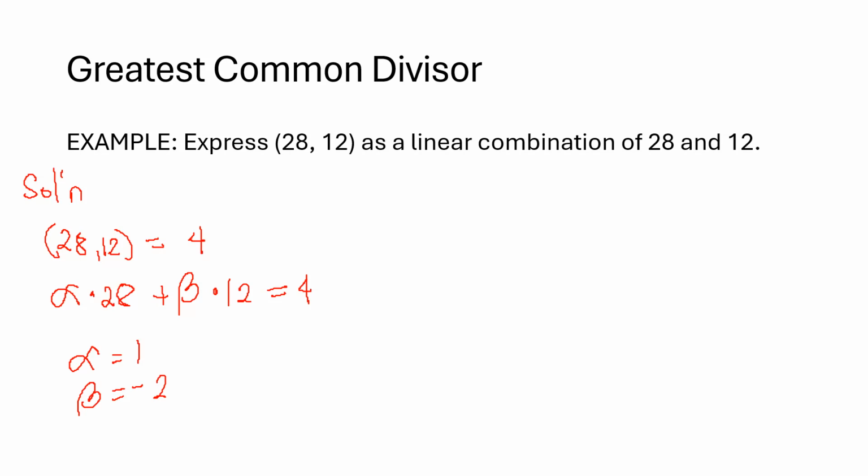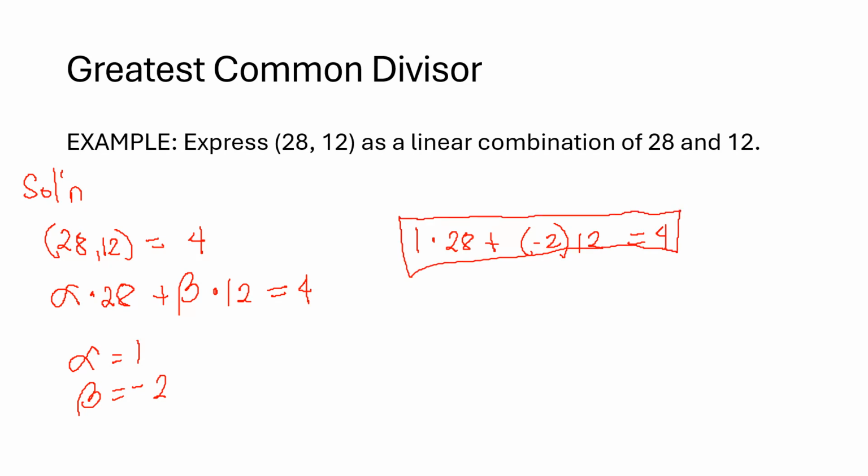In other words, for our final answer, we can express the GCD of 28 and 12 as 1 times 28 plus negative 2 times 12, which is equal to 4. Okay, that's our final answer.